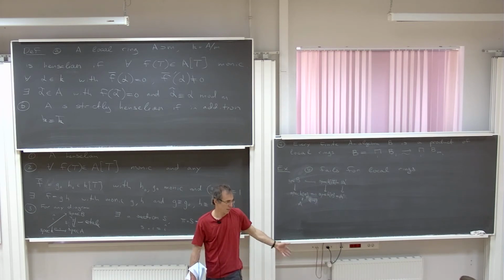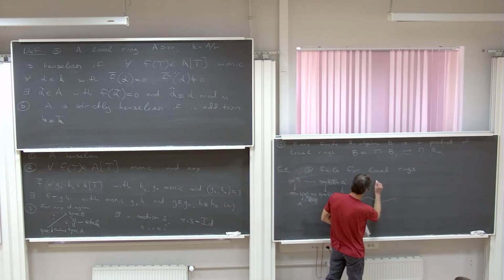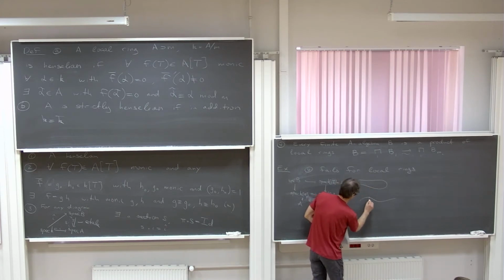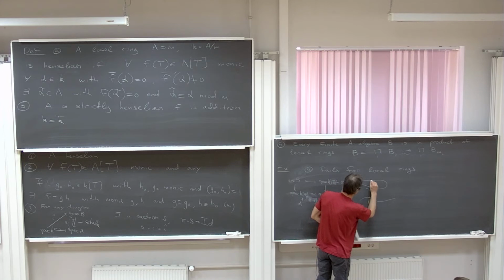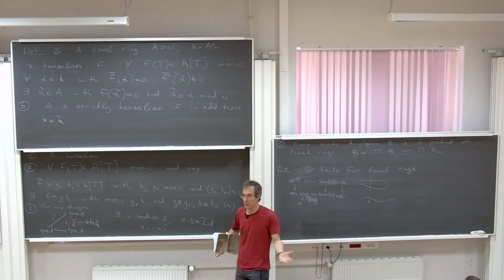So I have my ramified covering, here is the point 1, so negative 1, 1, and so you consider functions here which are regular at these 2 points. And this is not a local ring, it has 2 maximal ideals.